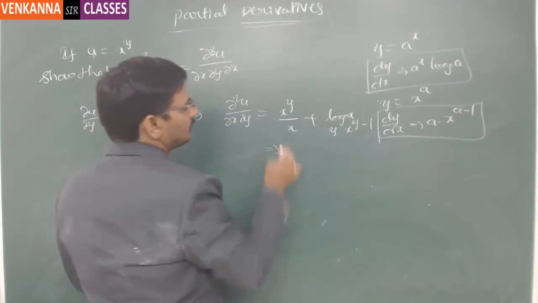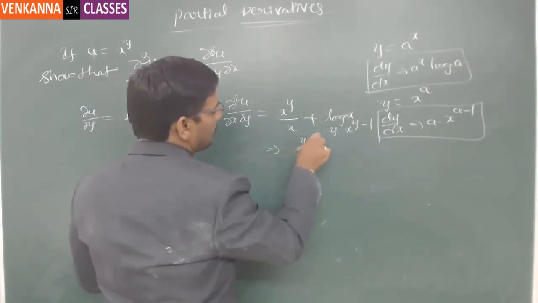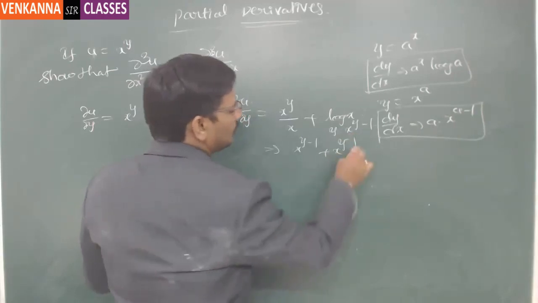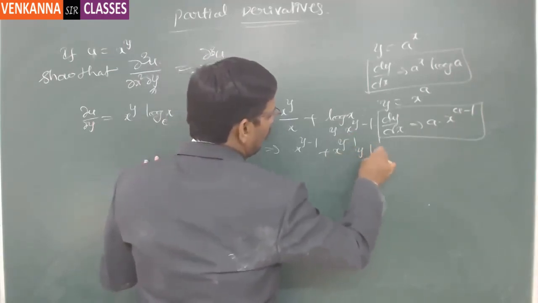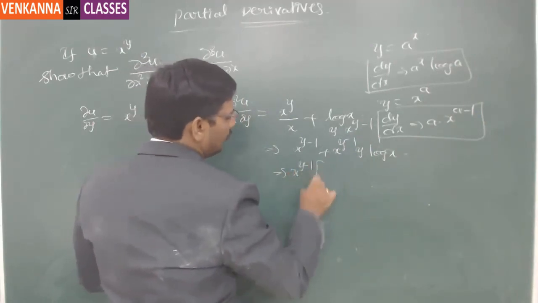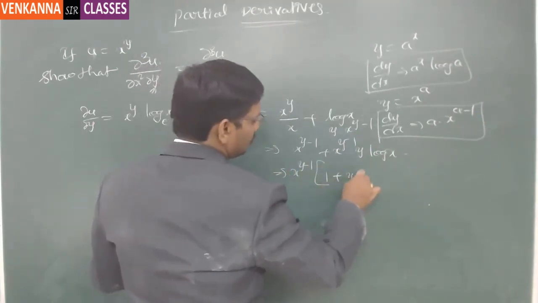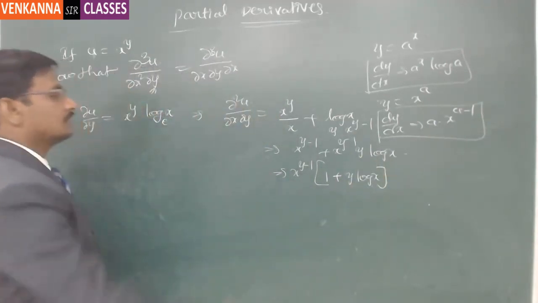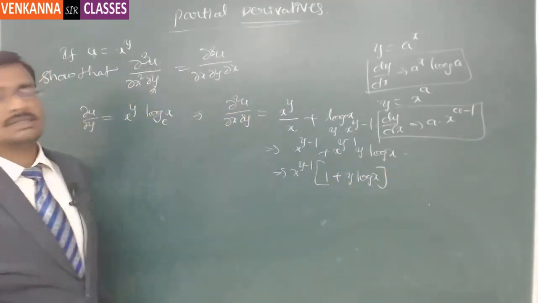So this is x power y minus 1 plus x power y minus 1 into y into log of x. If you take x power y minus 1 common, then this will be 1 plus y log x, right? So this is dou square u by dou x dou y.